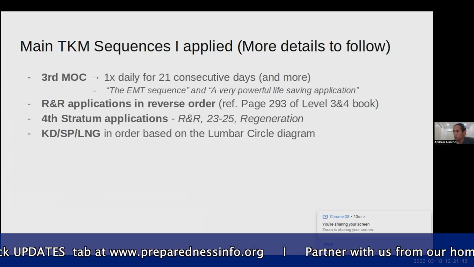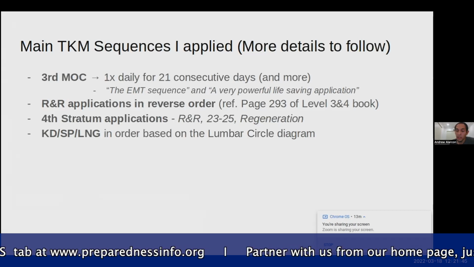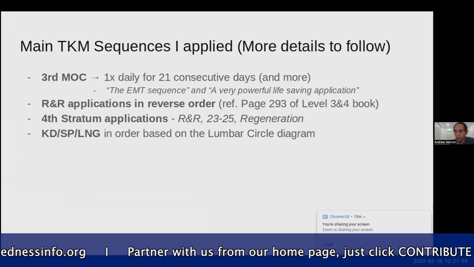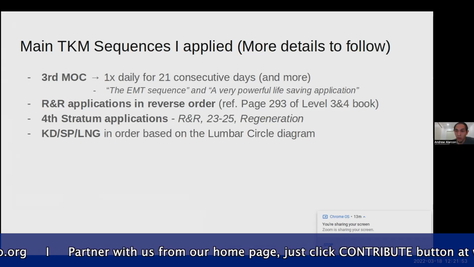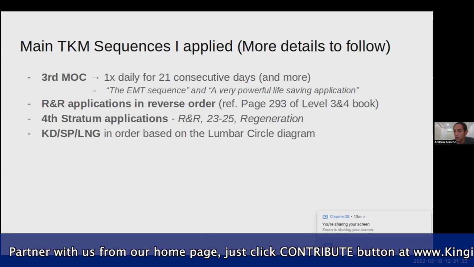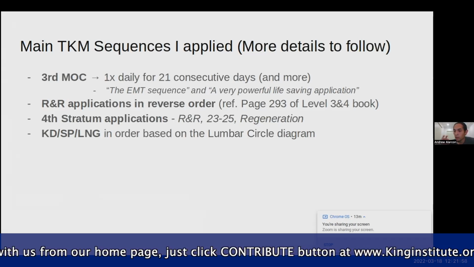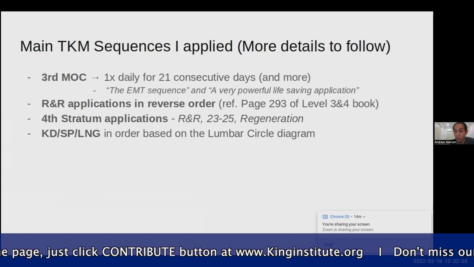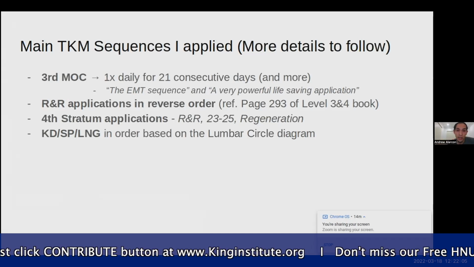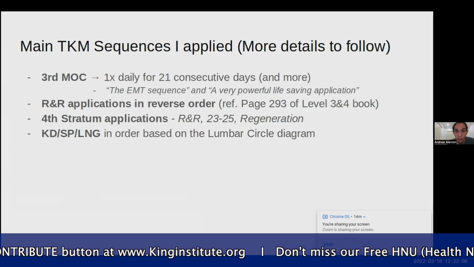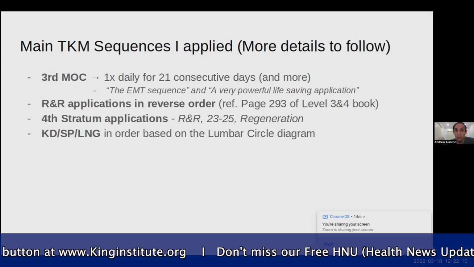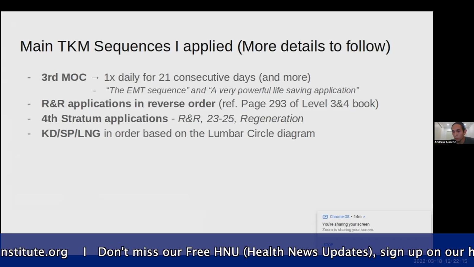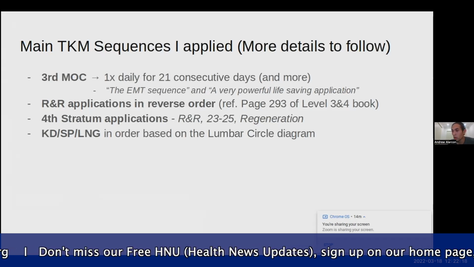Okay, so I was trying to look for this in the manuals or in the textbooks, but I couldn't really find it. I think it was based on my notes whenever I would attend Dr. King's classes. You'll find Dr. King say this, especially when he talks about the third method of correction, that consecutive applications for 21 times doesn't necessarily mean that you have to keep doing this session over and over in one day.